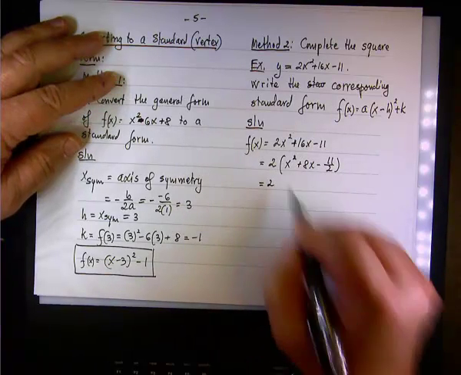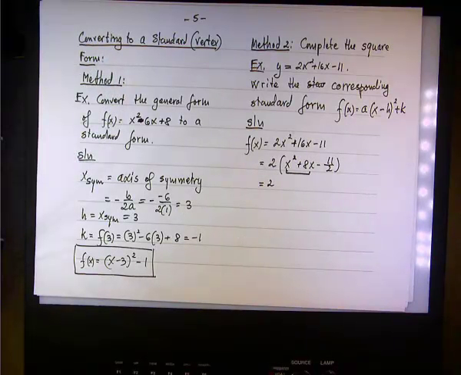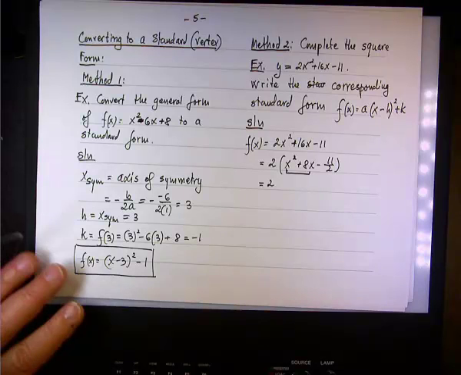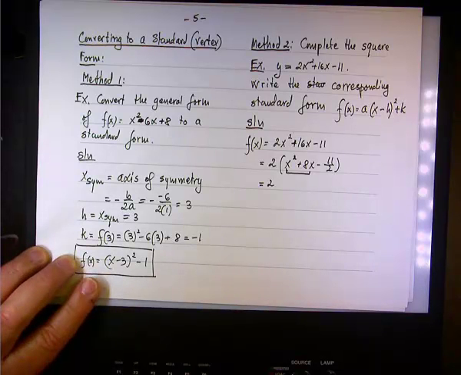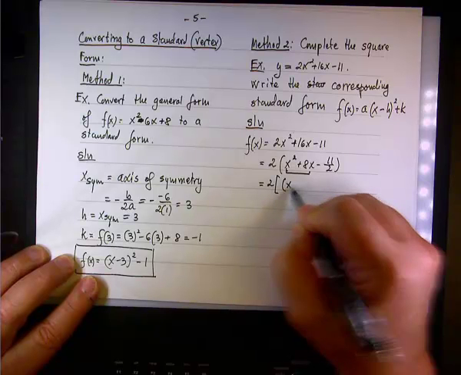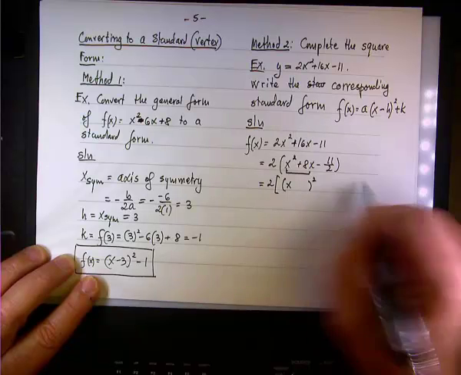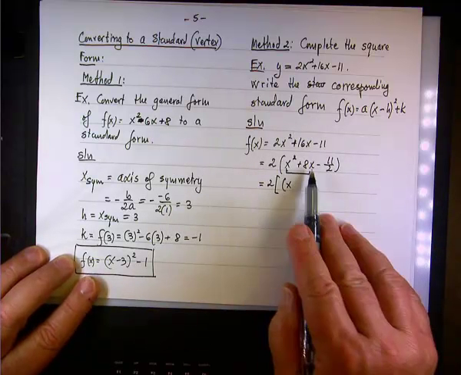Next, I'm looking at these two terms, and I see that x squared plus 8x will be the first and the second terms of a trinomial that can be written as x plus or minus something squared. So I can write it as 2 times x plus or minus something squared plus a residue.